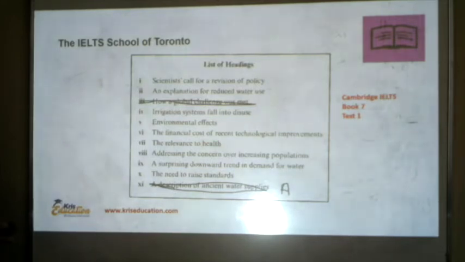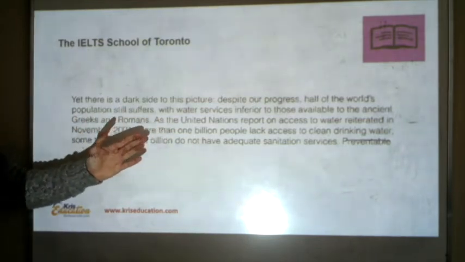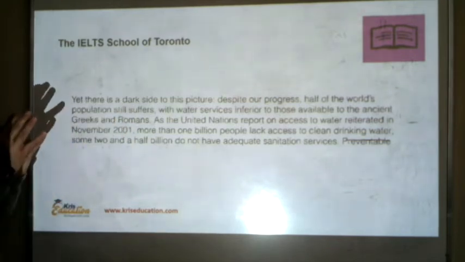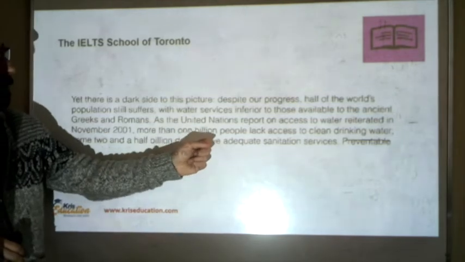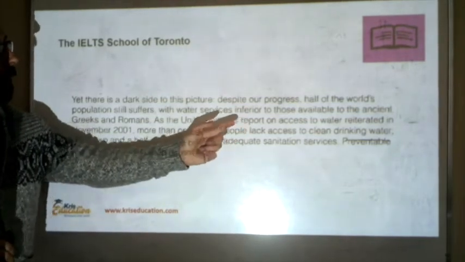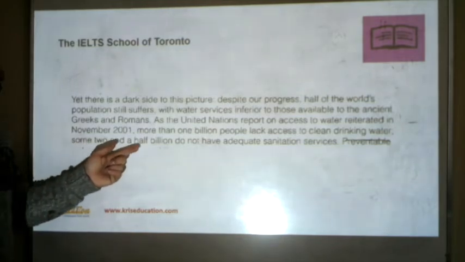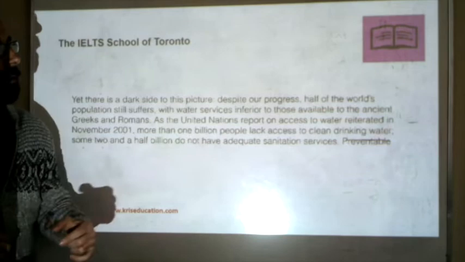Let's go back and read the second sentence. As the United Nations report on access to water in November says, so you don't necessarily need to read every single word, just focus on the main words. The main sentence here is: more than 1 billion people lack access to clean drinking water, and some 2.5 billion do not have adequate sanitation services.